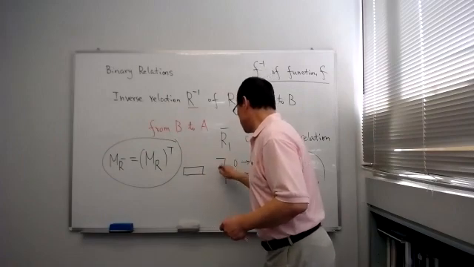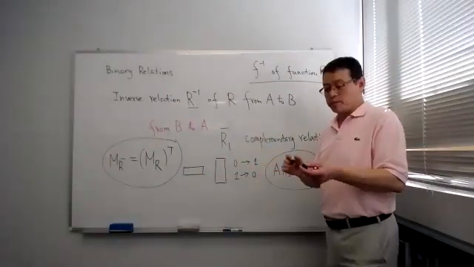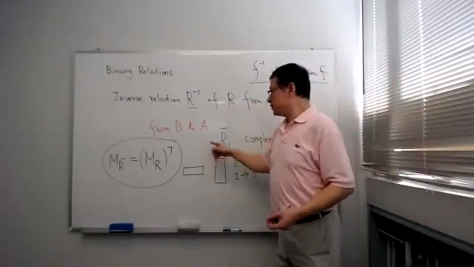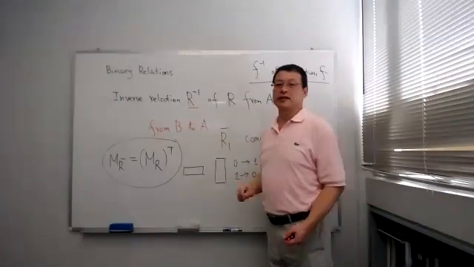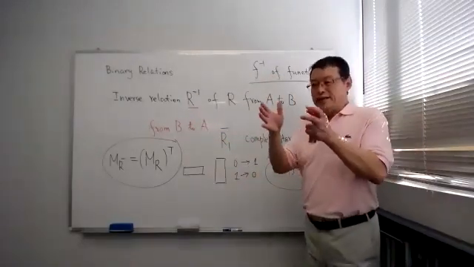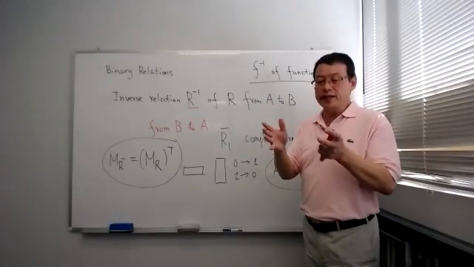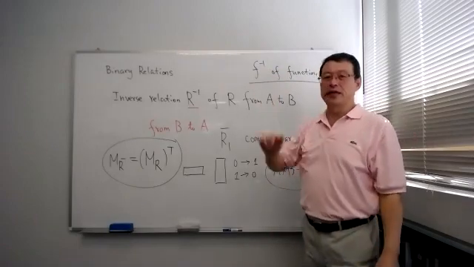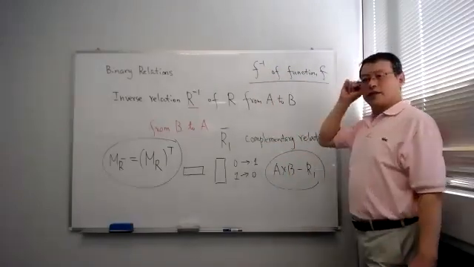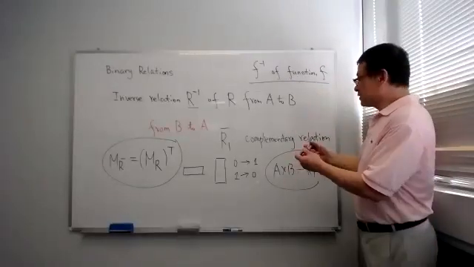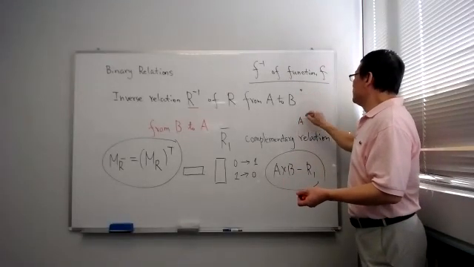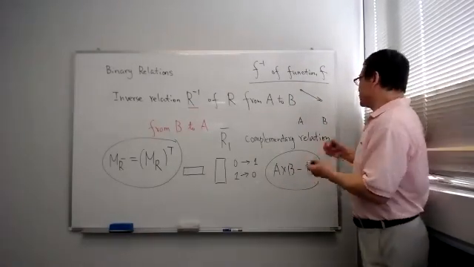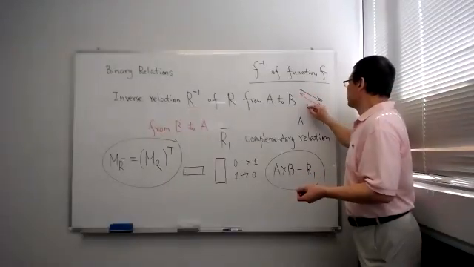The content inside the matrix does not change. We rotate the matrix by 90 degrees. That's the inverse of a relation, just like the inverse of a function. So instead of pointing from A to B, the inverse is just the reverse direction of the arrow.